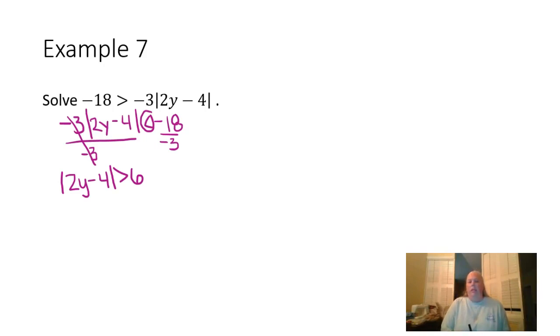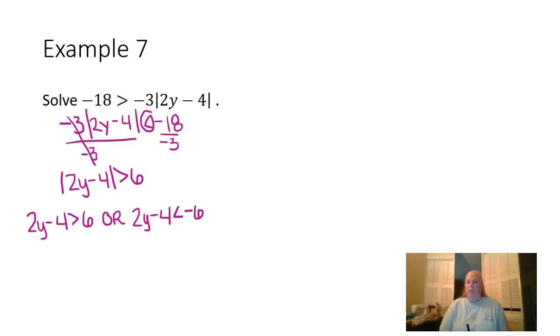Okay, let's get our two equations here. We've got 2y minus 4 is greater than 6. My connecting word here is going to be OR, because it's a greater than problem. And then my other inequality, 2y minus 4 is going to be less than negative 6.